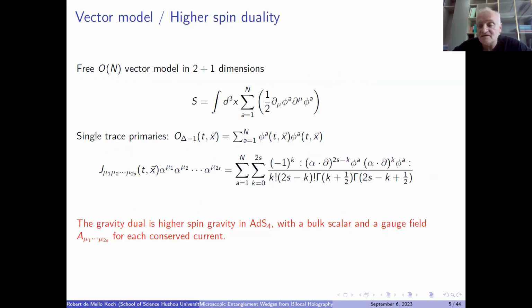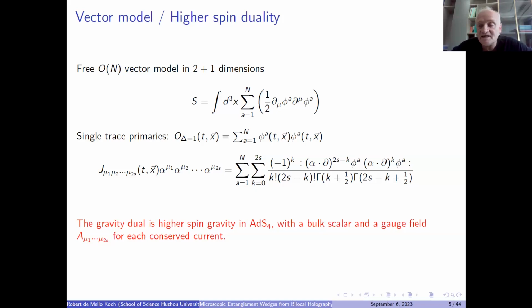The specific model that we'll consider is the free O(N) vector model. So it really is just N free scalar fields that are massless in 2+1 dimensions. The spectrum of the primaries: there's a scalar primary of dimension 1, and then there is a whole bunch of spinning primaries. These are conserved currents.